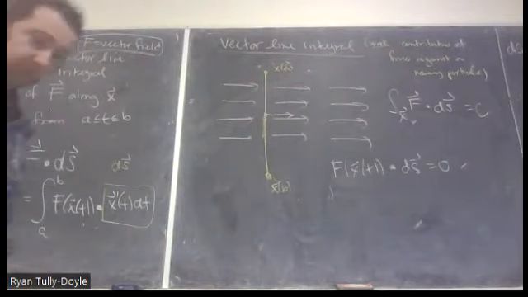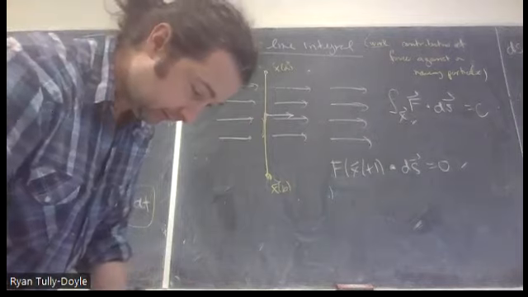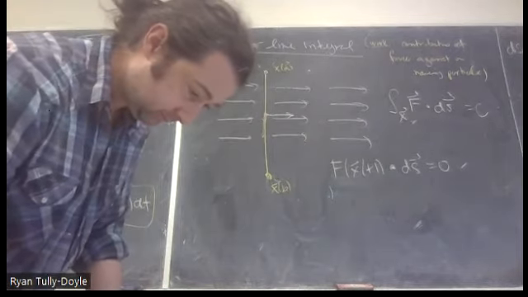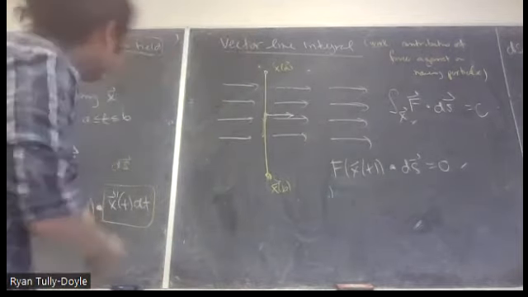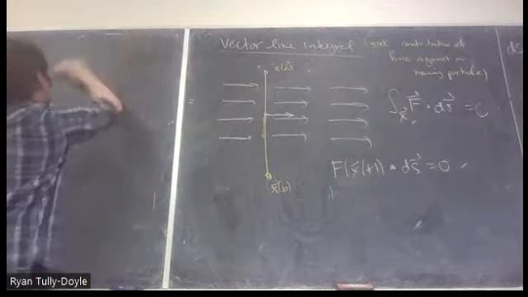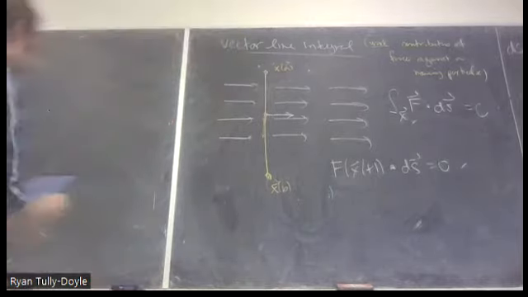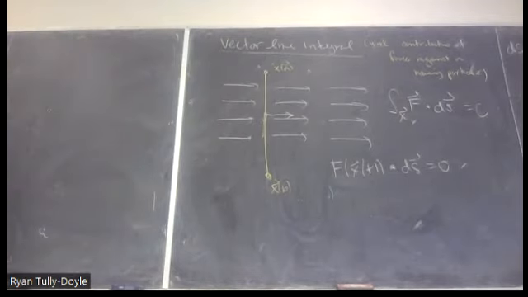Okay, so let's do an example of one of these guys, or at least set one up here. Actually, before I do that, let's make it absolutely clear what the physical interpretation of this is. Make it completely crystal clear. This is what any physicist and any applied mathematician and any engineer working on applications would say.